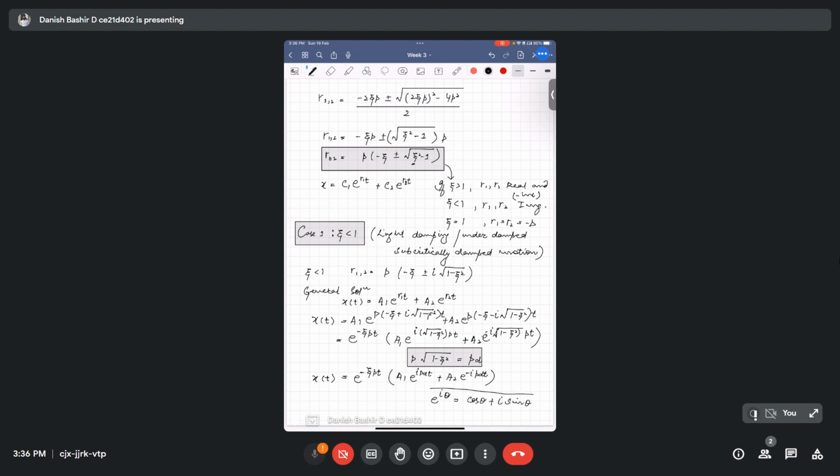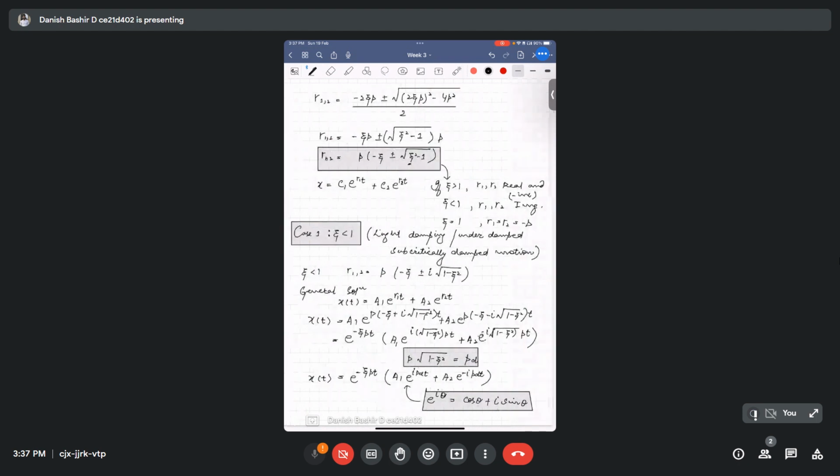By the aid of this expression, treating pdt as theta, we can expand e to the power iota pdt.